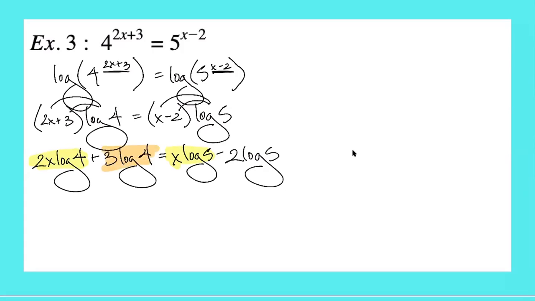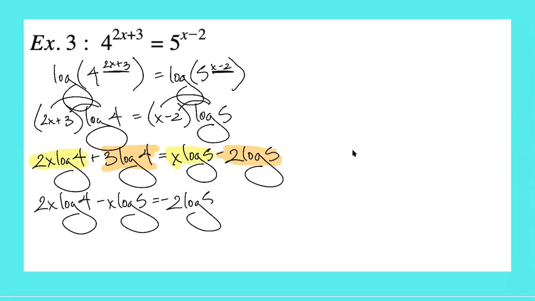Whereas this term and this term do not have x's, so I'm going to move those to the right-hand side. So I'm going to end up with 2x log 4 minus x log 5 equals negative 2 log 5 minus 3 log 4.